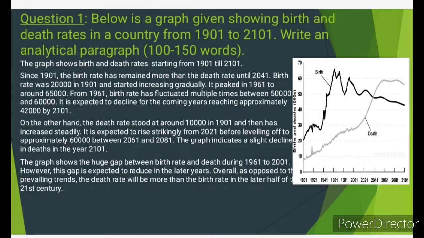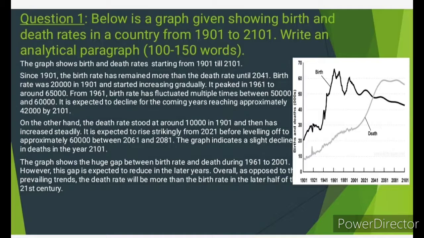So you can begin, since 1901 the birth rate has remained more than the death rate, so you are comparing until 2041 and then continue accordingly. On the other hand, the death rate stood at around 10,000 in 1901 and then has increased steadily, right?